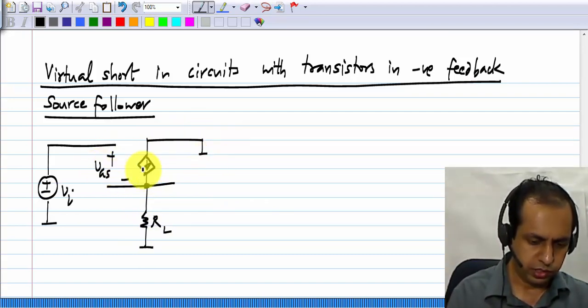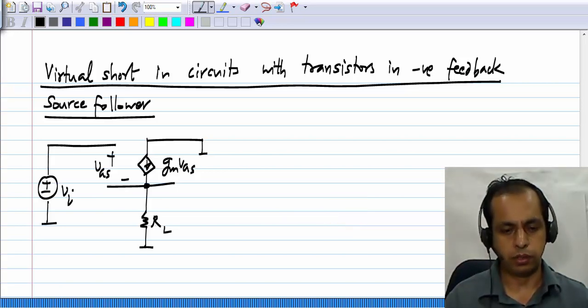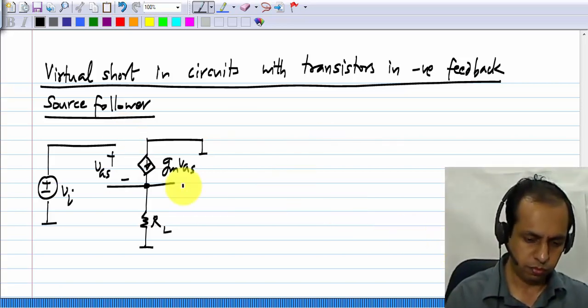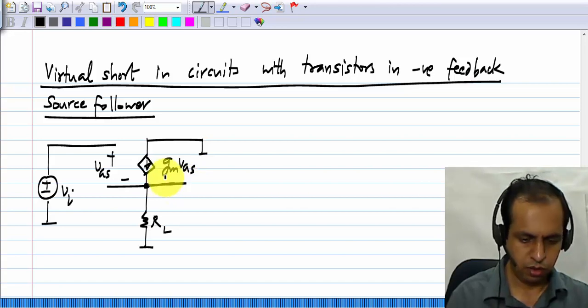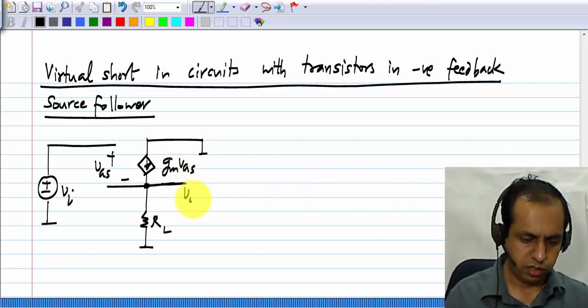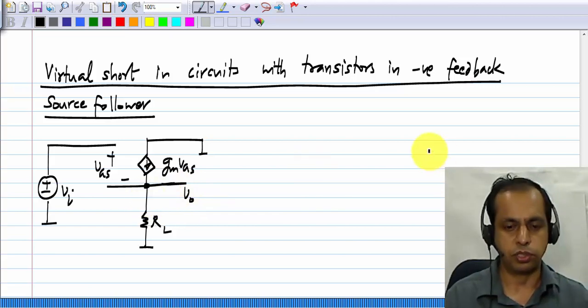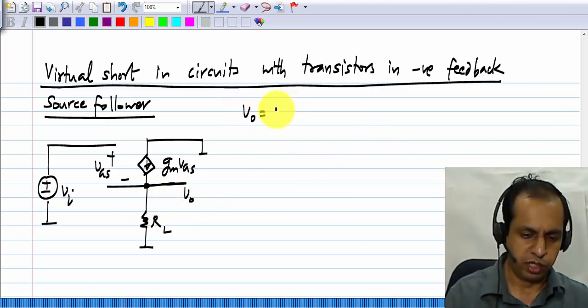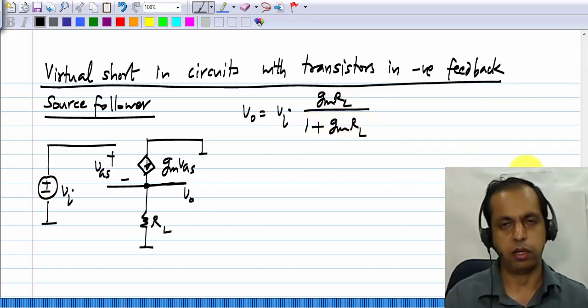We have VGS and gm VGS. Now we know that the output voltage which appears at the source terminal is given by Vi times gmRL by 1 plus gmRL.